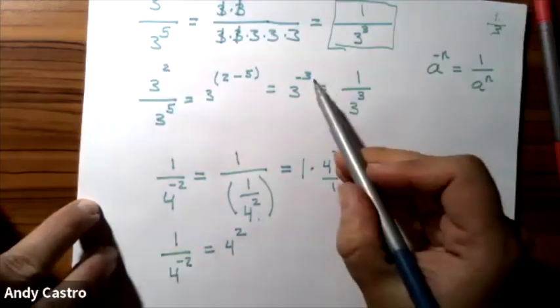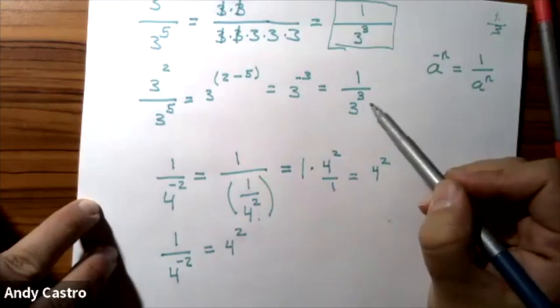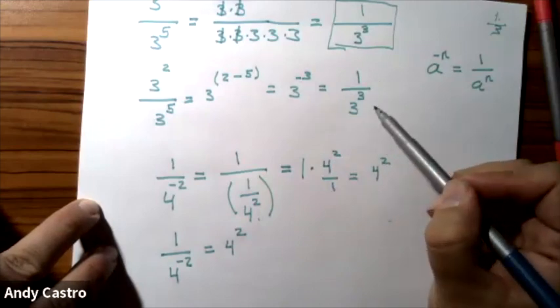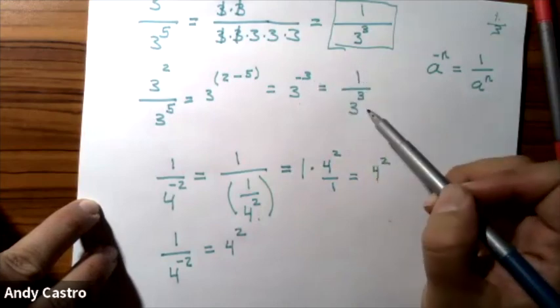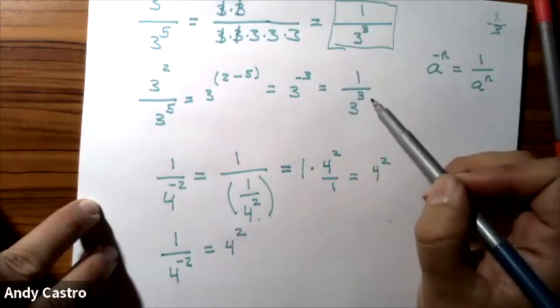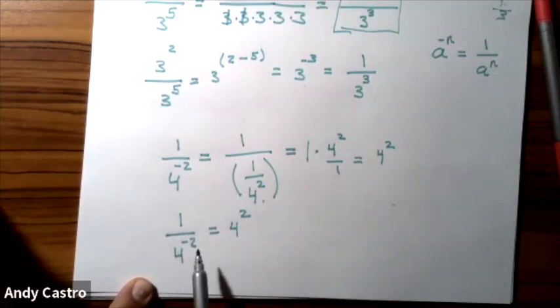So if I have a negative like I do up here in the numerator, it's going to bring that down here to the denominator. 3 to the negative third is going to be 1 over 3 to the positive third. If it exists in the denominator with a little negative, 1 over 4 to the negative 2, then it's going to bring it to the numerator, 4 to the positive 2.